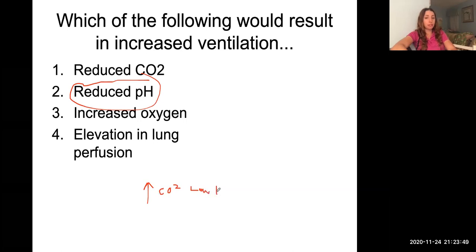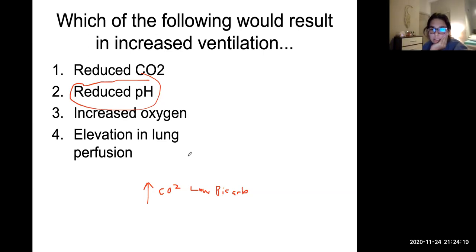I don't want to write the whole thing out, but we're going to try. Okay, so it can be caused by those two things. In this case, the answer is a reduced pH, because anything that reduces the pH, that's acidosis, and it would increase ventilation because it's trying to get the carbon dioxide out to raise the pH.